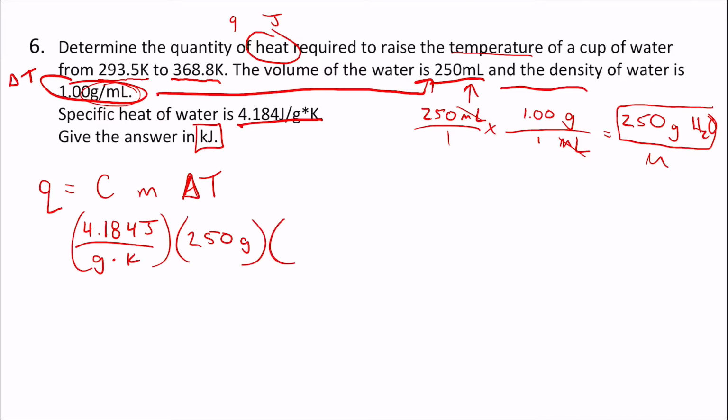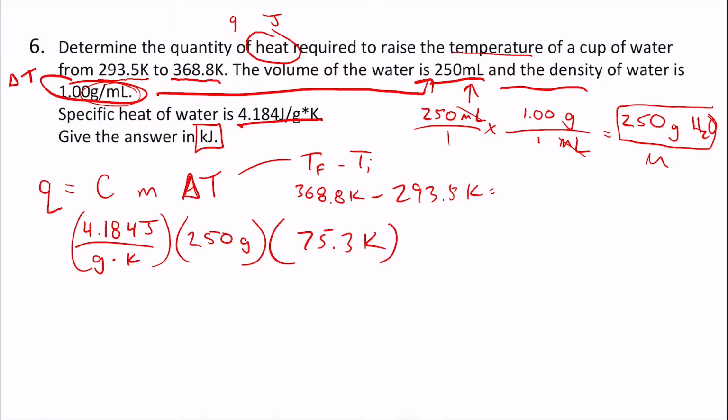And then the delta T, remember delta T is the T final minus T initial. So the final is 368.8 Kelvin minus 293.5 Kelvin. When you subtract them, you'll get 75.3 Kelvin.